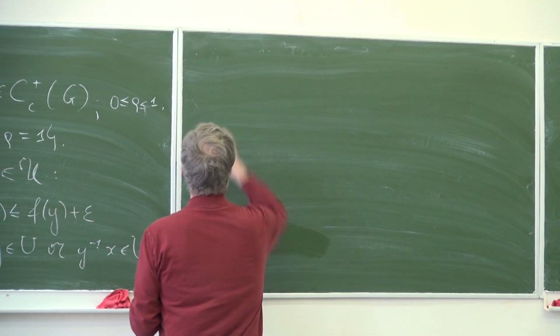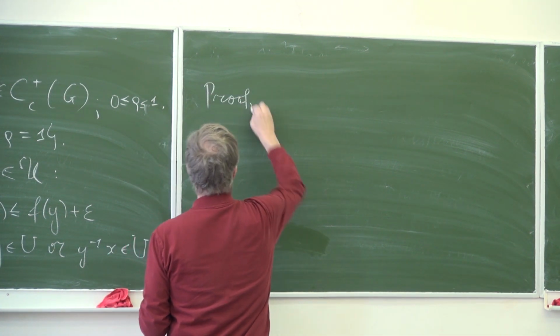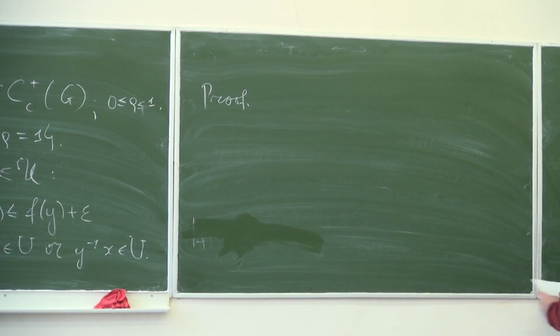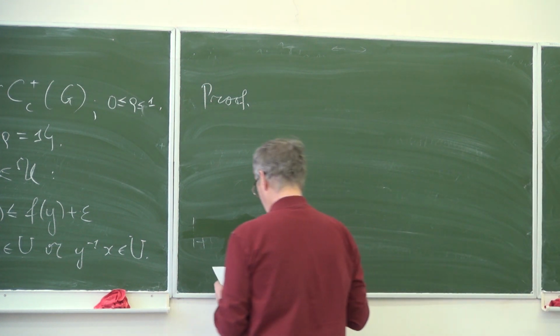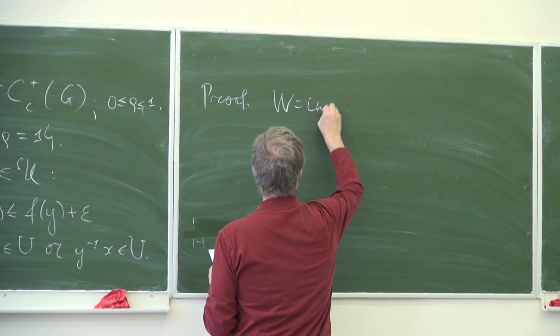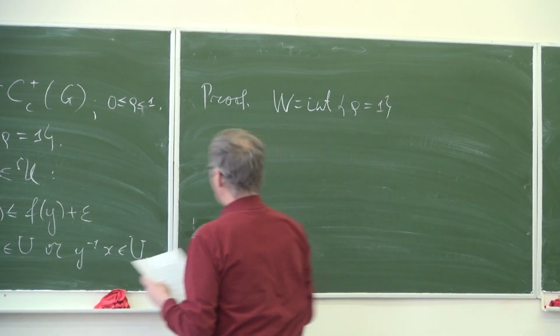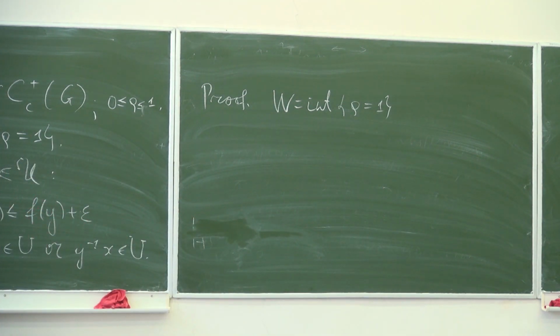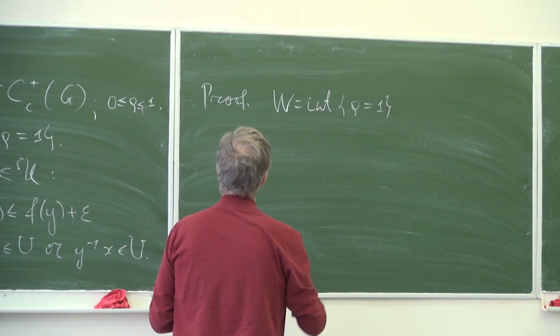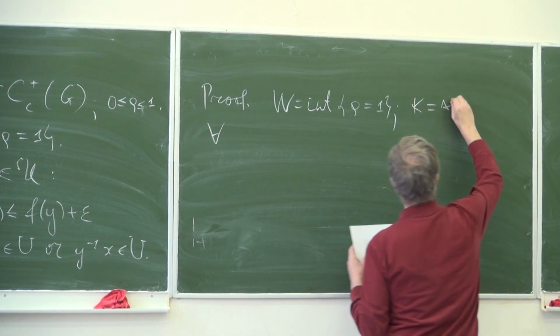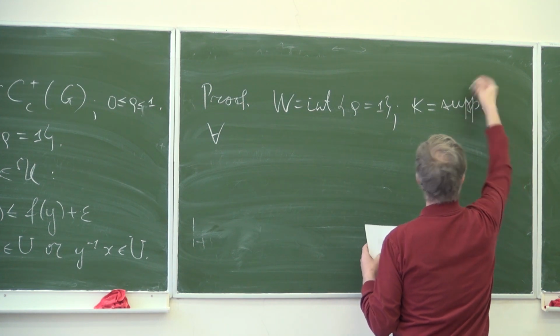Now, in the proof there is nothing particularly interesting. It is fairly standard. So take the interior of this set. It contains the support of K, and let K be the closed support of F. This is a closed compact set.